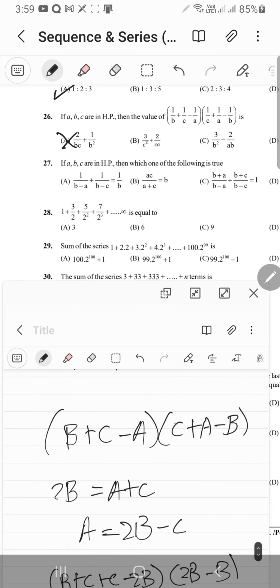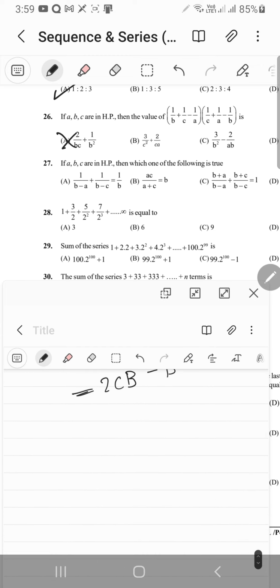Let's eliminate b in that case. So what was the expression once again? Just b plus c minus a.